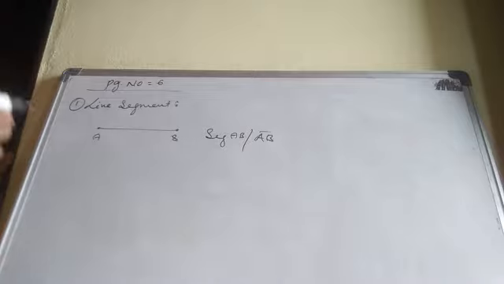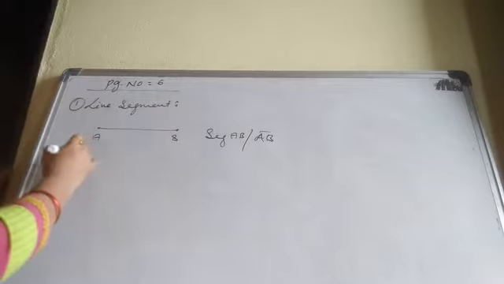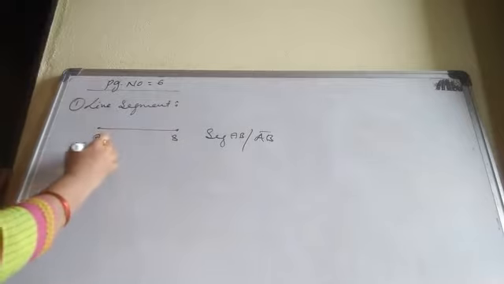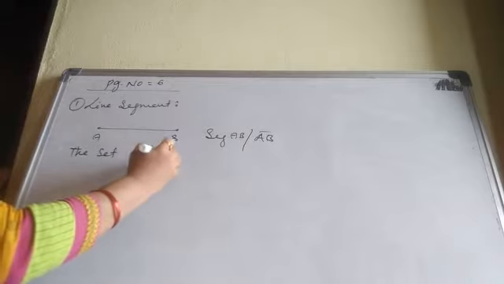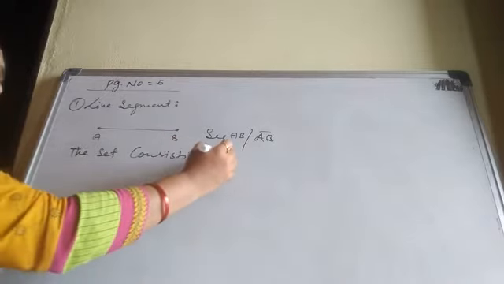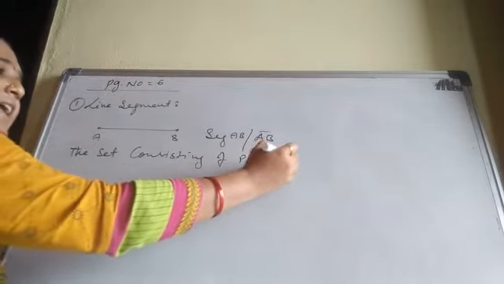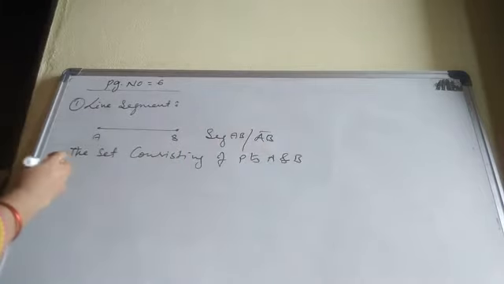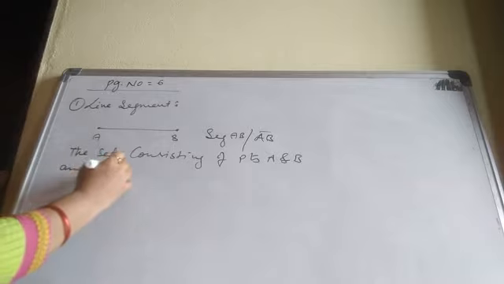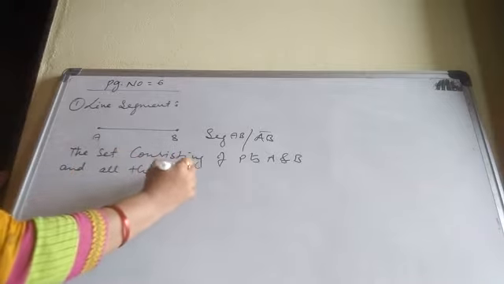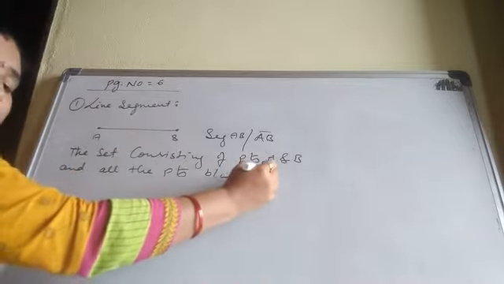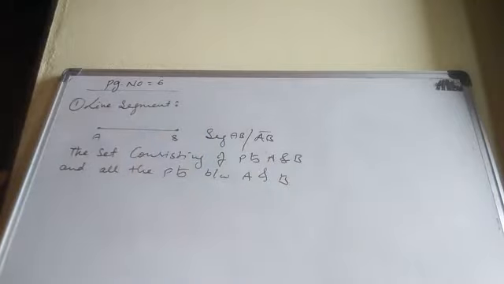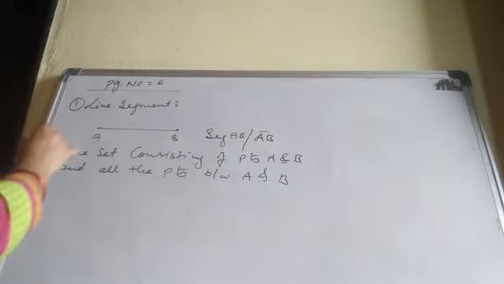Now here we are using the word set, union. The set consisting of points A and B, and all the points between A and B, is called segment AB.